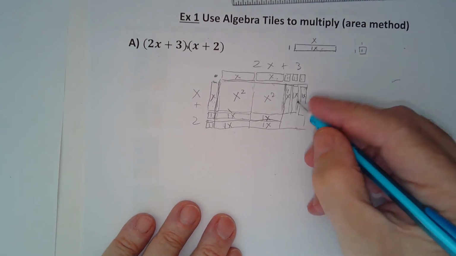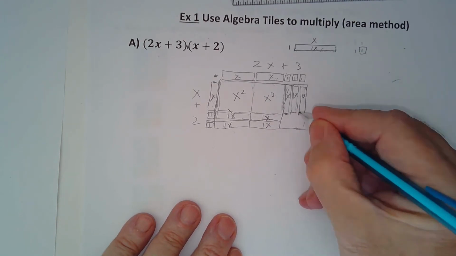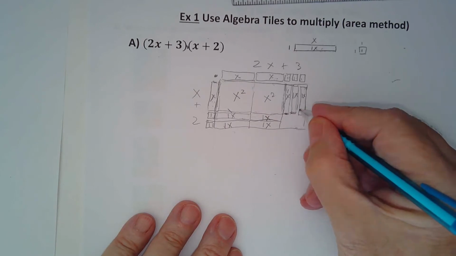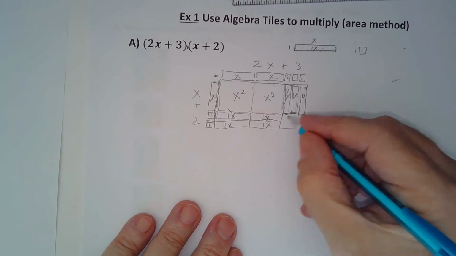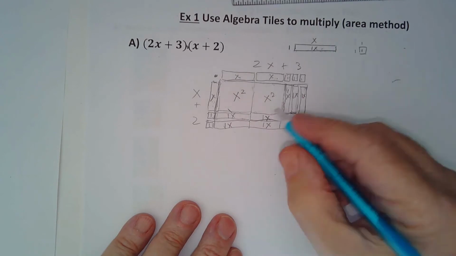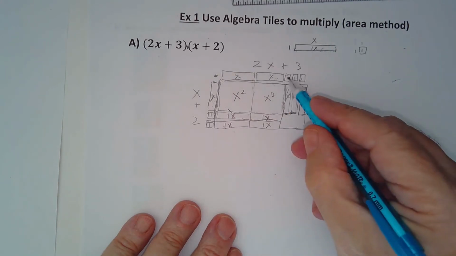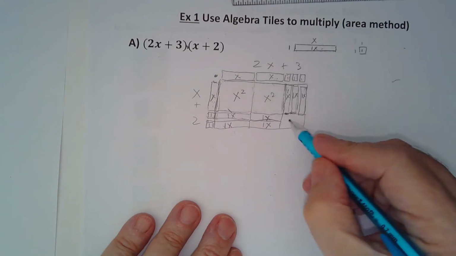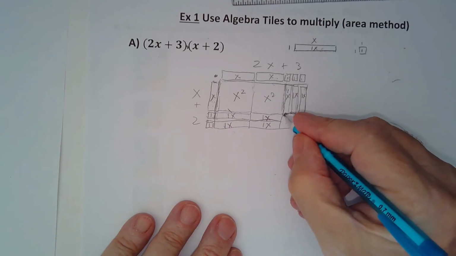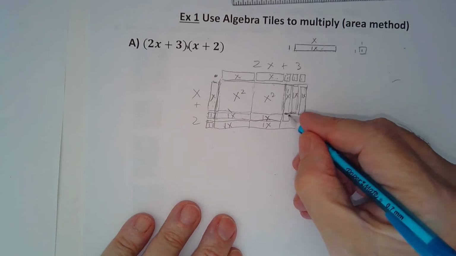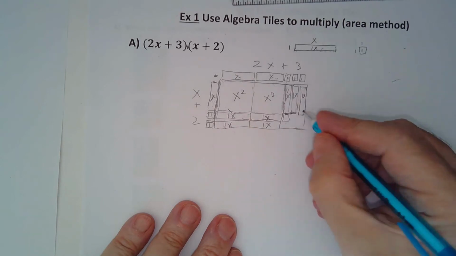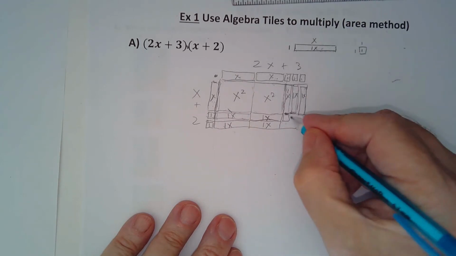So then what do we do down here? Well, these little boxes: this is 1 times 1, so I put a little box in there. This is 1 times 1, put a little box in there.